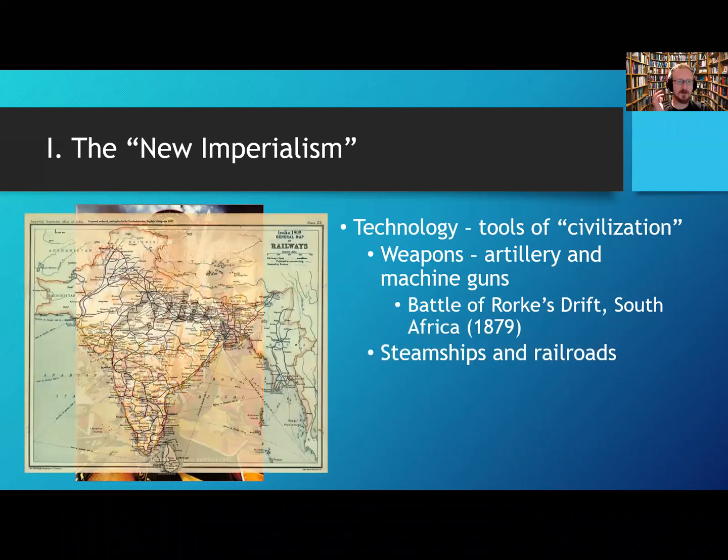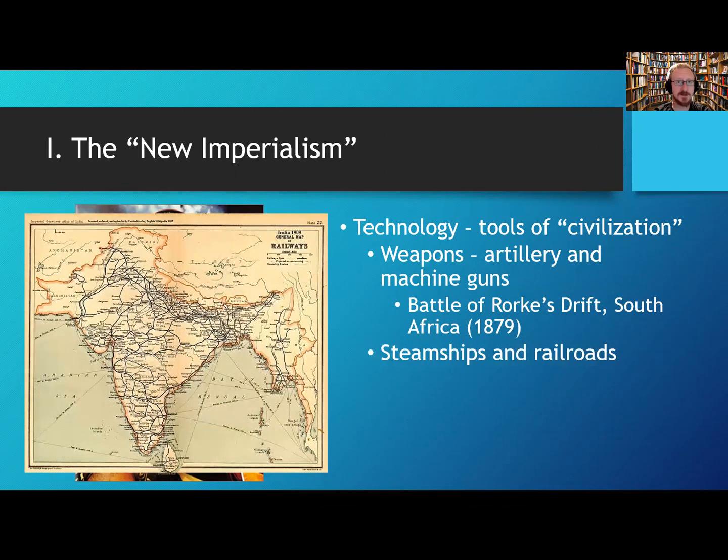Steamships and railroads. One of the really interesting things about new technology in this sense is, let's take a look at this map of British India. India is huge. It's called the subcontinent of India because it's literally its own little continent, walled off by the Himalayas and other mountain ranges.